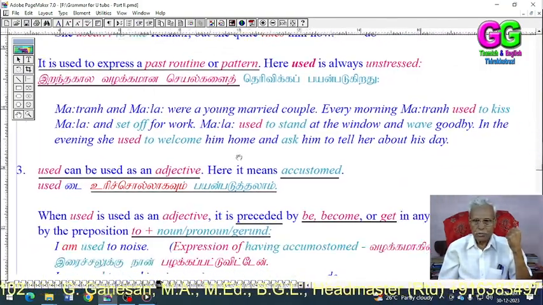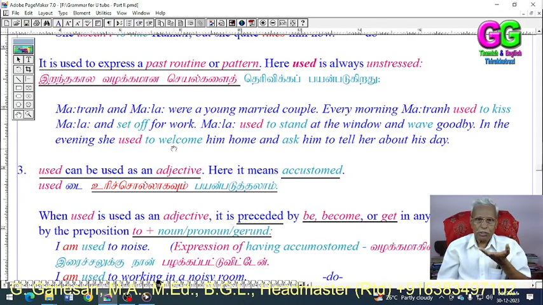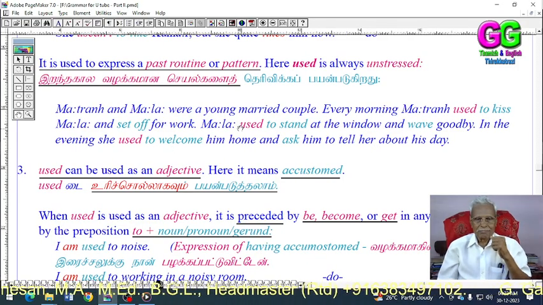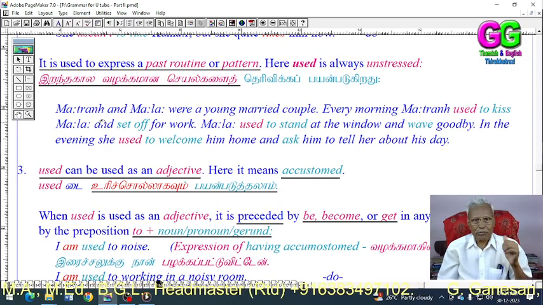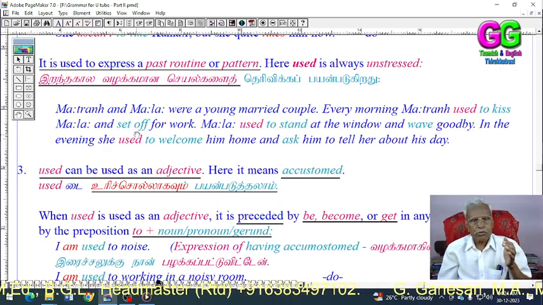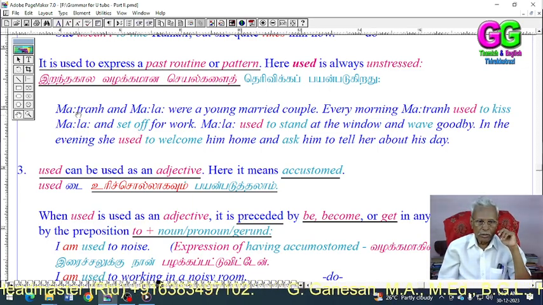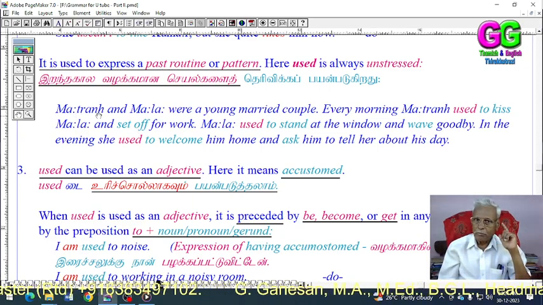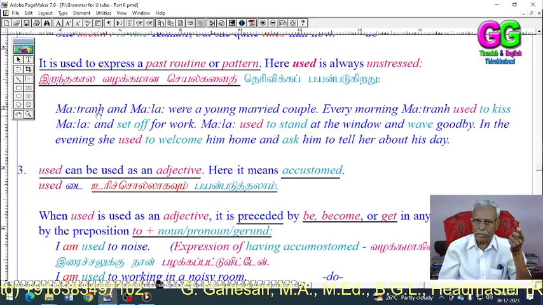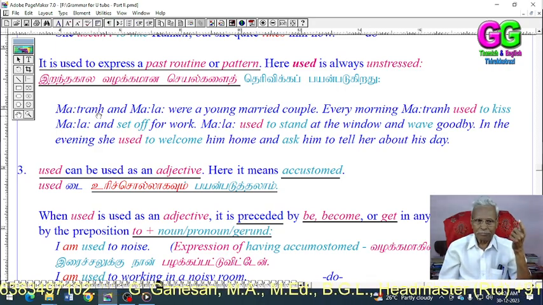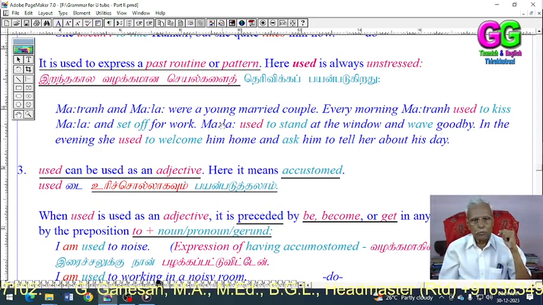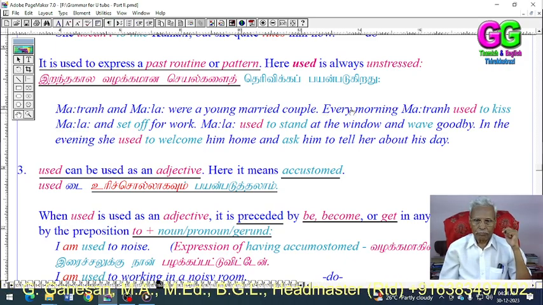You see these expressions. They are not mine; these are the examples given by another author, but I have used a Tamil name, Moran. Moran and Mala were a young married couple.